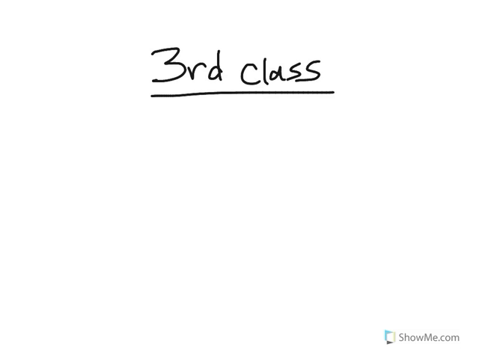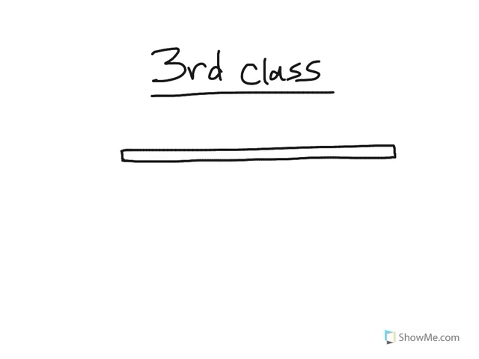Now, a third and a second-class lever are actually very similar to each other. You will still have the stiff board like this. You will still have the fulcrum on one end, but the difference now is that the effort is going to be in the middle, and that the load is on the opposite end of where the fulcrum is. So here's the load, and then here's the effort.